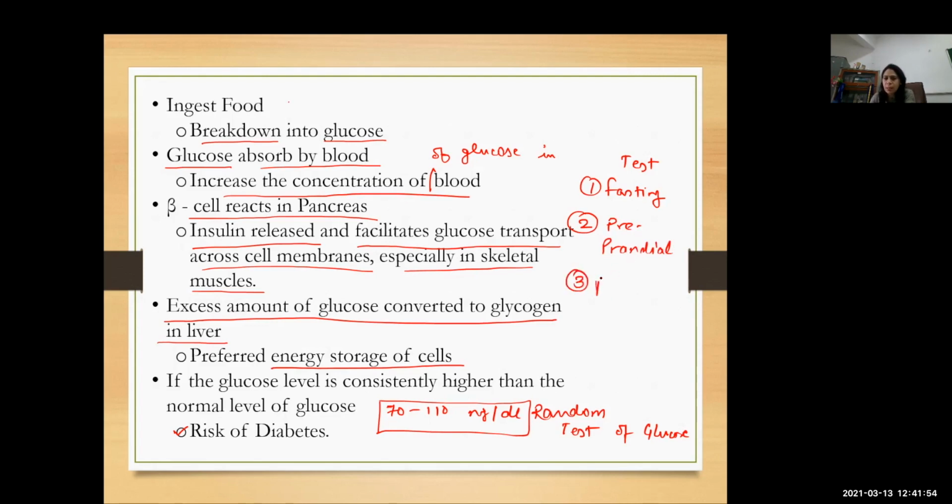And third is postprandial, which is 2 hours after having the meal. The reading I mentioned is for random, that is, we are not considering any of the three: we go for the test randomly, not only 2 hours before or only 2 hours after the meal. At any other time, if we go for the test, that is called the random test of glucose.